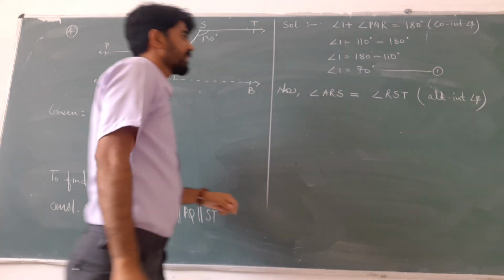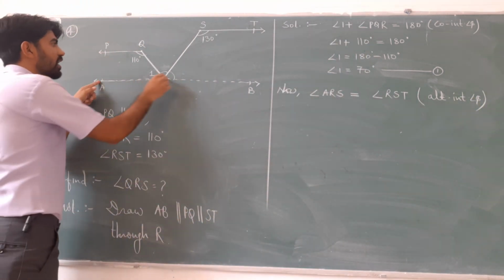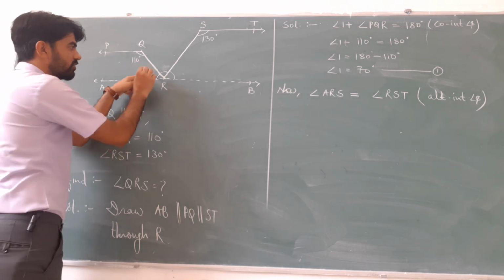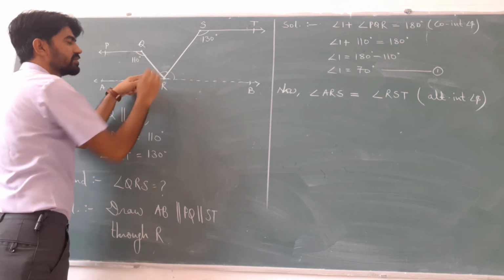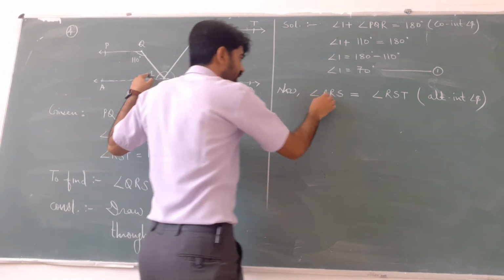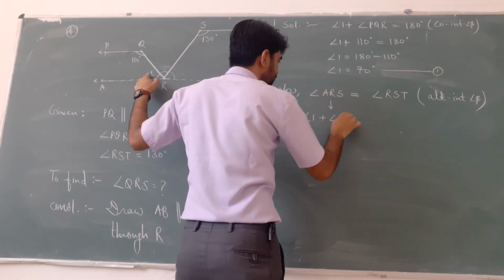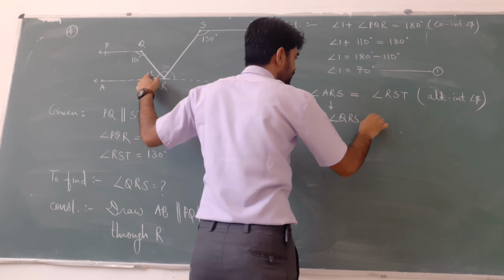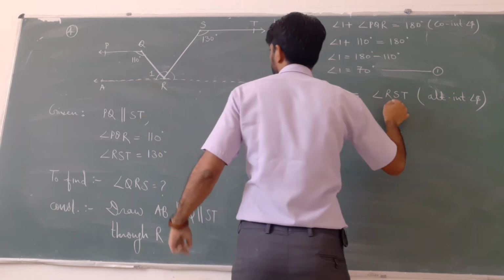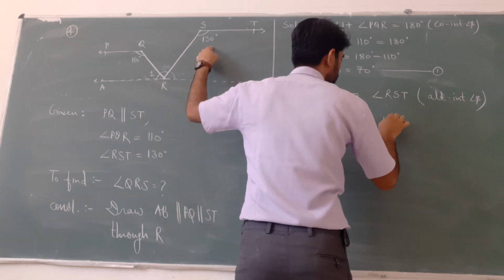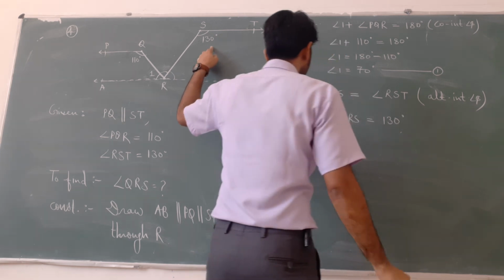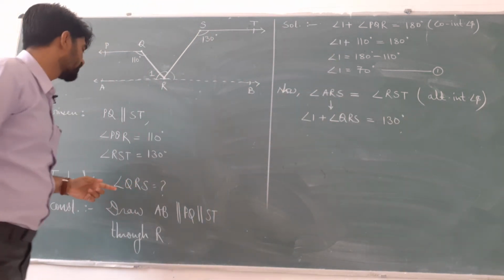Okay. Now look at ARS. This is equal to angle 1 plus angle QRS. This further is equal to angle RST. RST is already given, which is 130 degree. So QRS we have to find.